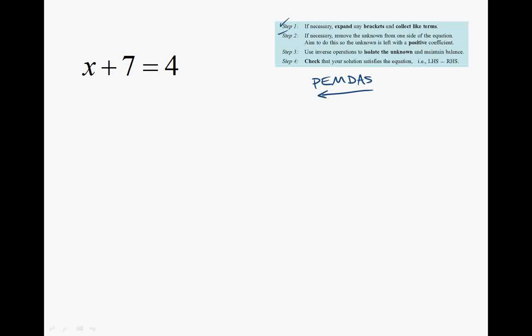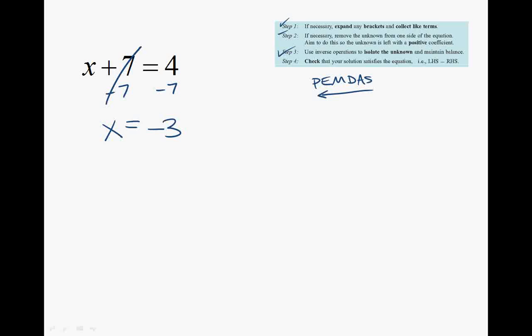So you ask yourself, is there anything that I can add or subtract away from x? In this case, we can subtract a 7 away. To keep balance, we subtract 7 from both the left-hand side and the right-hand side. So positive 7 minus 7 cancels, and our answer is that x equals negative 3. This is called isolating the variable. We want the variable to be all alone on one side of the equation.